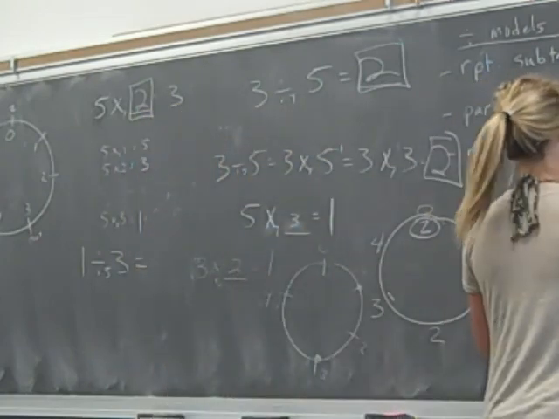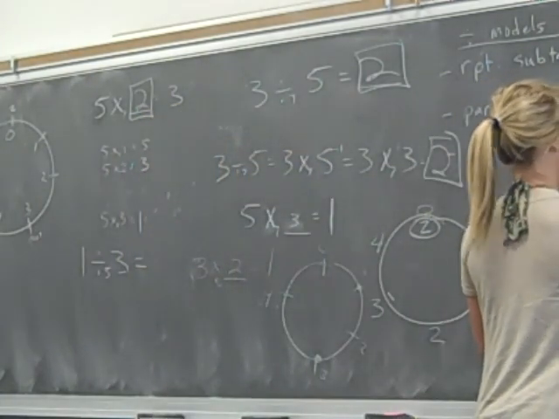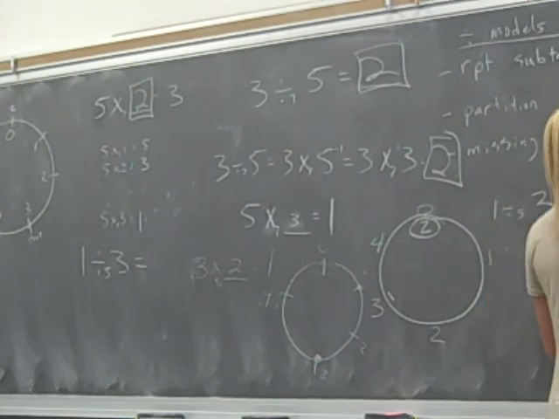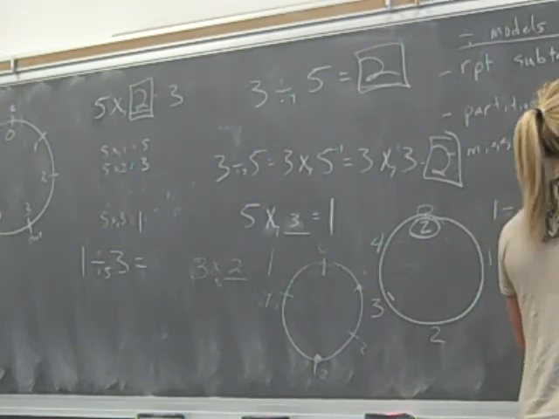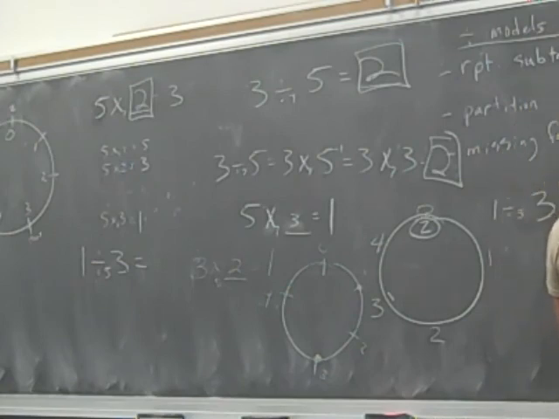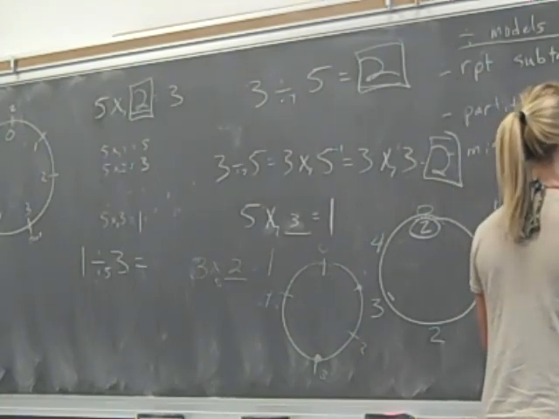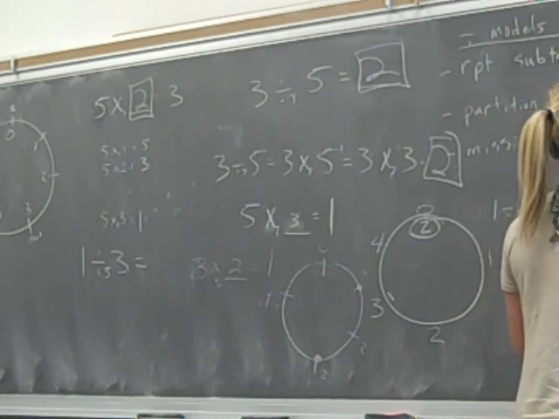So you do 1 divided by 5, 1. Oh, 3 times 3 equals 1. So 2 would be the inverse of 3.